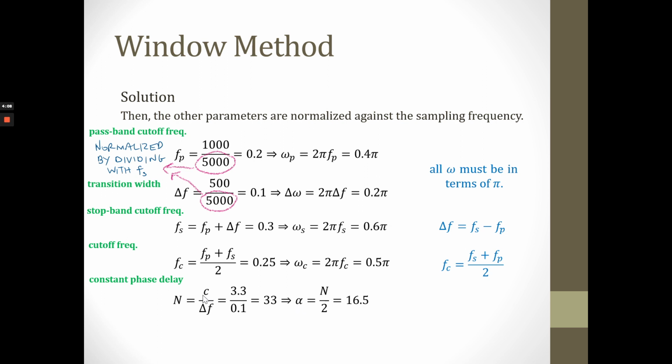But first, we need to determine the window length N based on this equation, delta F equal to 3.3 divided by N from the Hamming window equation. So we determine the value of N and we determine the constant phase delay, which is equal to this one.